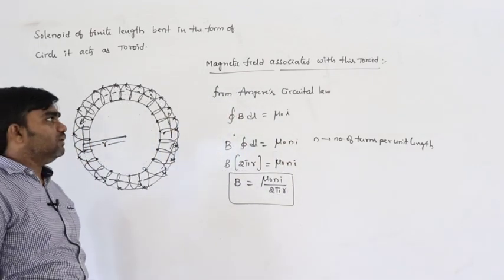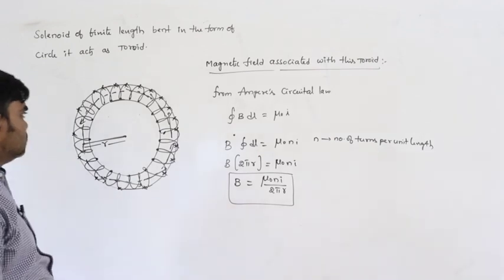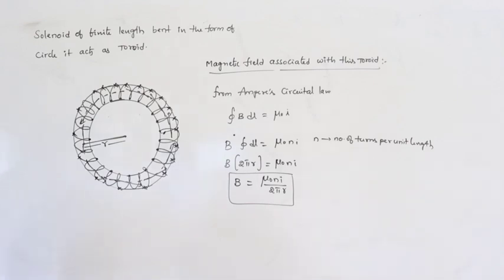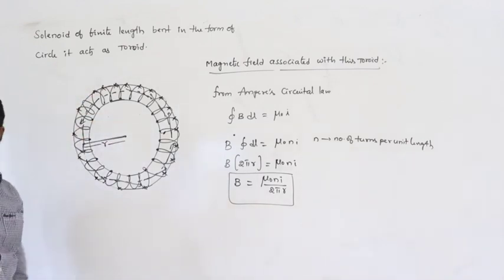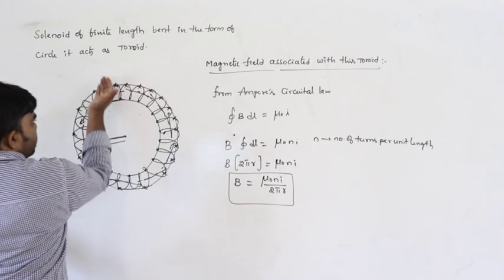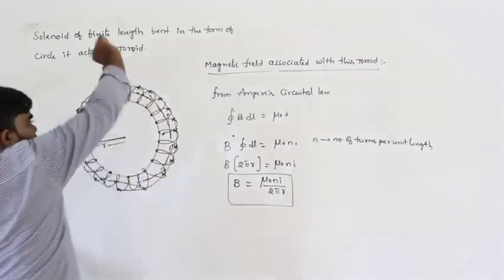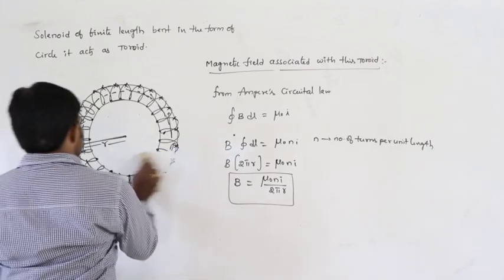This is the magnetic field associated with the toroid. Simple thing it is. Inside and outside the magnetic field does not exist. The direction of the magnetic field depends on the direction of the current; if the current changes, the magnetic field also changes.